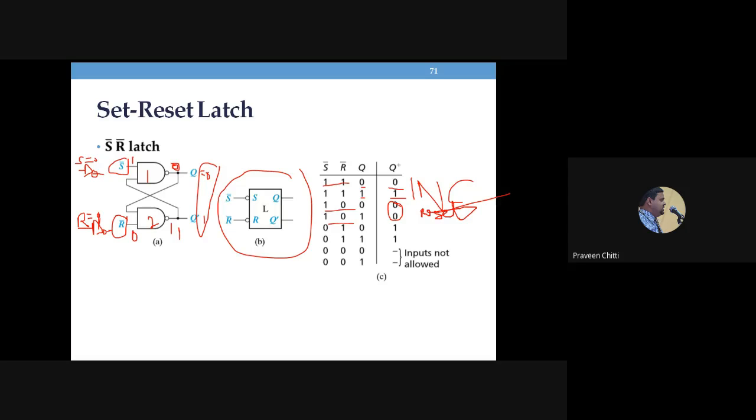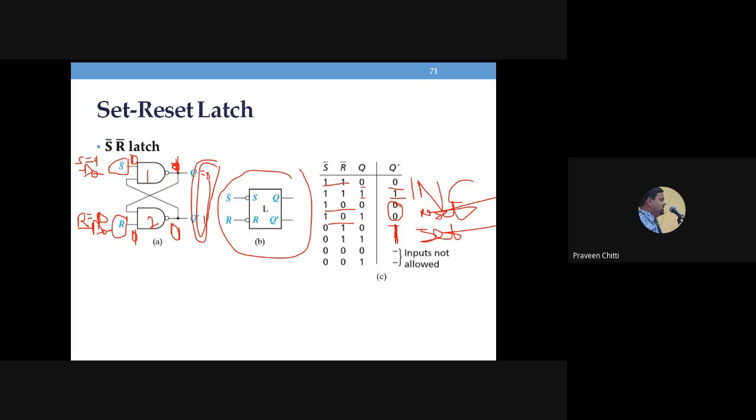And then if you give S equal to 1, R equal to 0, this will become 1 and this becomes 0 now. 0 will force the output to 1. This one along with 1 will give the output 0. That means the moment you give S equal to 1, R equal to 0, irrespective of the previous value, you are going to get the output as 1 in both the cases, and this is called the set state of the latch.